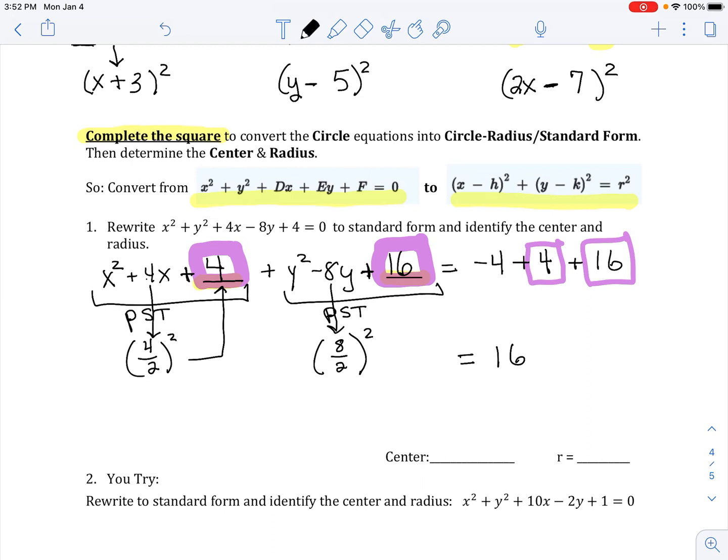On the left side, I am going to take my perfect square trinomials and factor them as the square of a binomial. In doing so, we are going to have our final equation of the circle in center, radius, standard form.